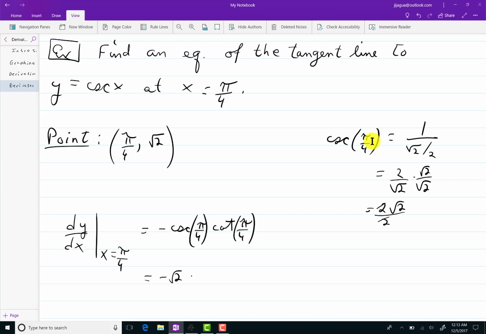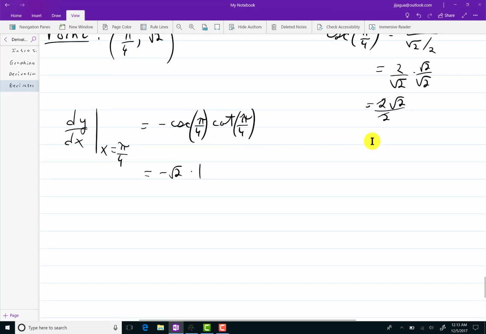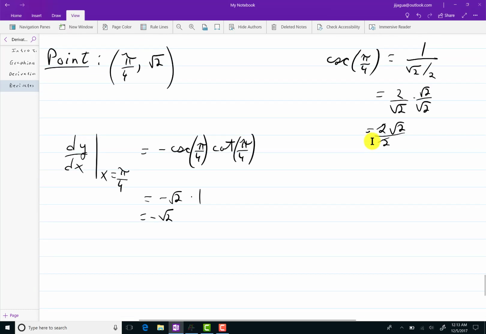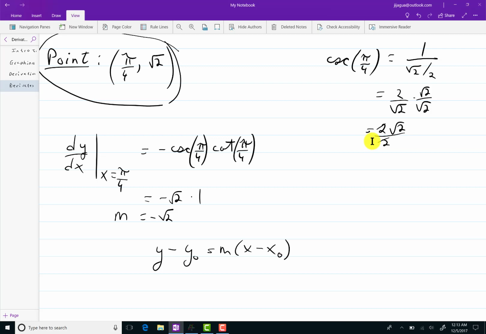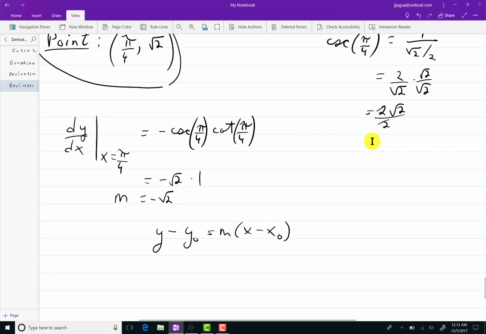Cotangent of pi over 4 is 1. So the slope is negative radical 2. So I have my point, I have my m. So we use y minus y0 equals m times x minus x0. That'll be y minus radical 2 equals negative radical 2 times x minus pi over 4.